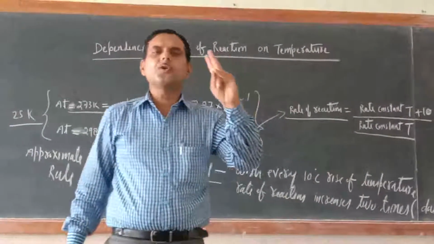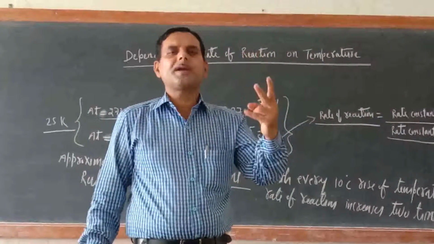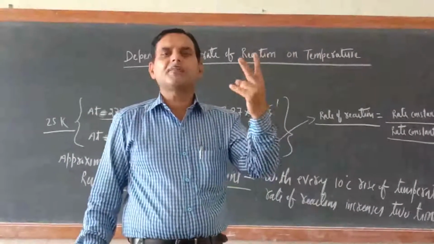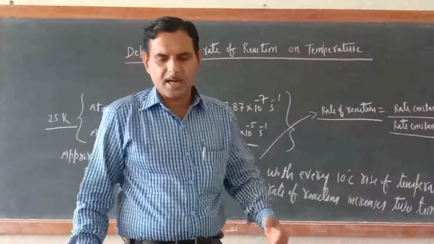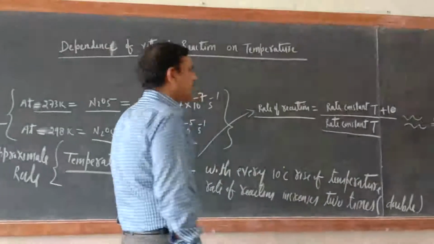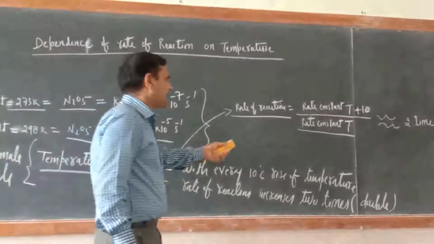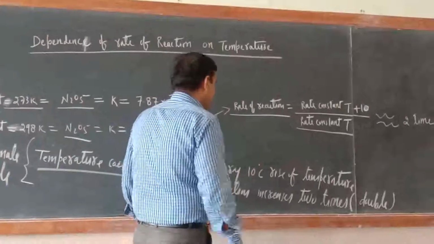So we can say the temperature coefficient is nothing but a ratio of two rate constants at two different temperatures differed by 10 degrees Celsius only. What is the meaning of temperature coefficient?